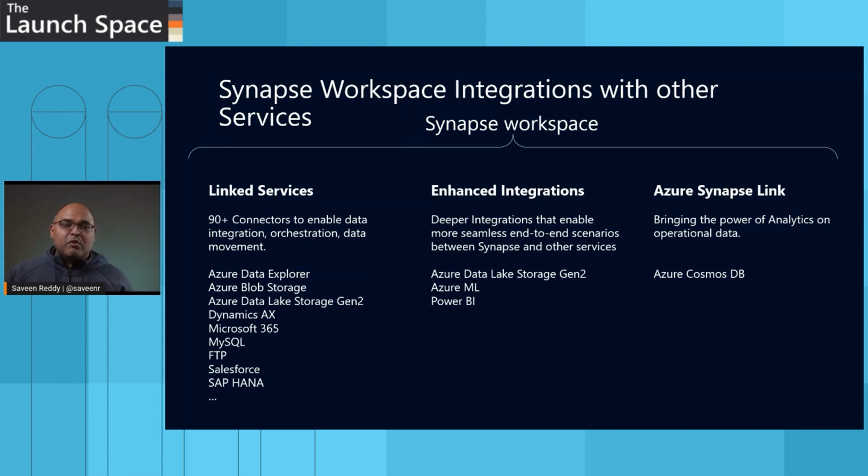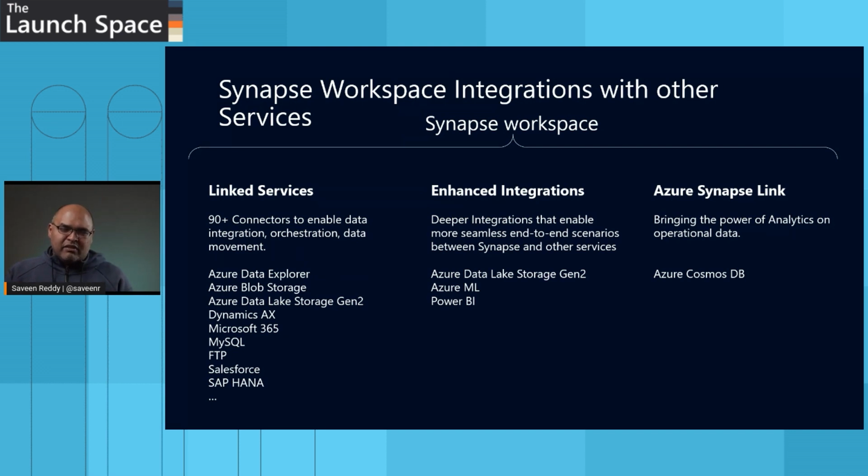A classic one is what we call linked services. This is reflective of, I think, 95 plus connectors that let you orchestrate activities and other services or move data between them to and from Synapse, from other cloud services, as well as even on premises. So that's linked services. It's the bread and butter of what we do in Synapse in terms of data integration.